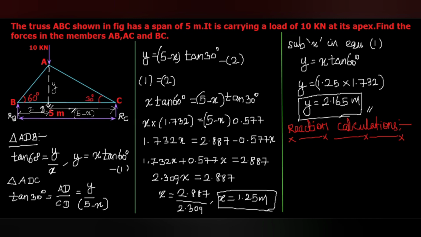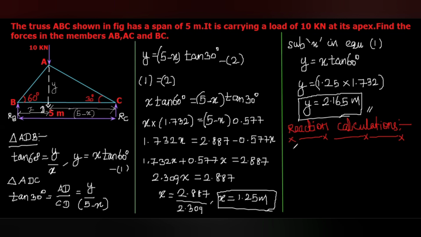If this is in equilibrium, then we can use any one of the equilibrium principles: summation of vertical forces equals 0, summation of horizontal forces equals 0, summation of moment about any point equals 0. Here there are no horizontal forces, so I'm going to consider the other two principles.